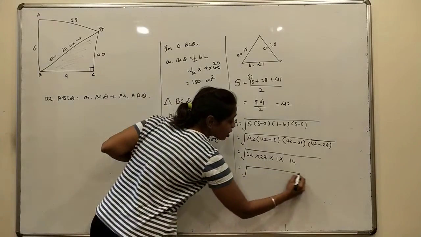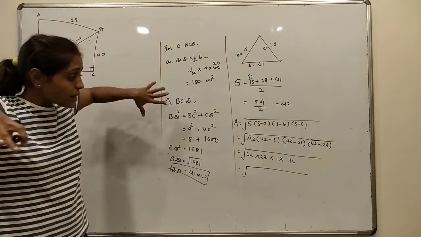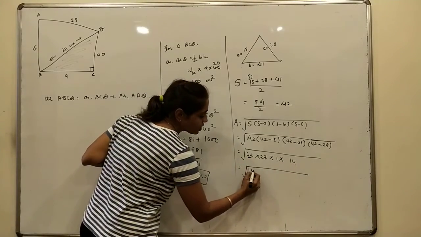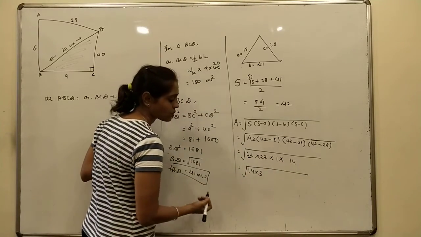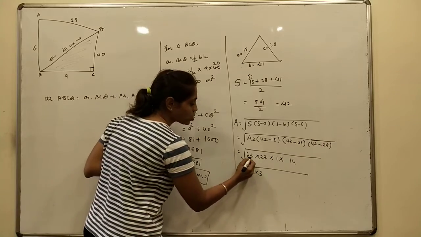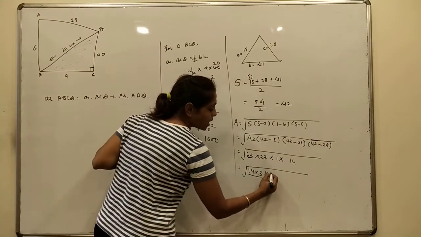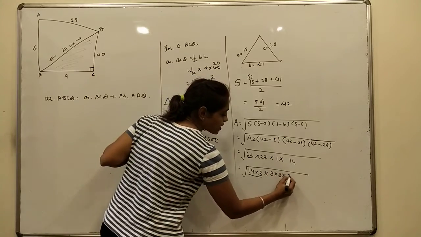Now split it. Don't mix, split it. 42 is 14 threes are 42. 27 is 3 threes are 9, threes are 27.